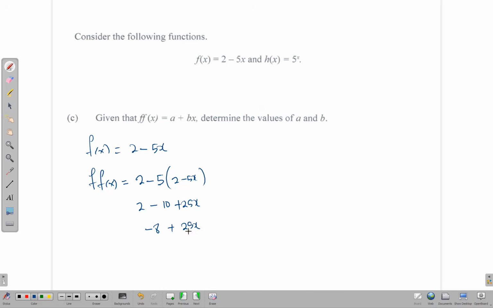And what the question says is, this f of f of x is equal to a plus bx. And that tells us that our a value there is negative 8, and our b value is 25.